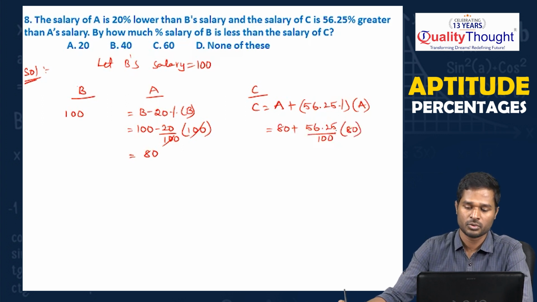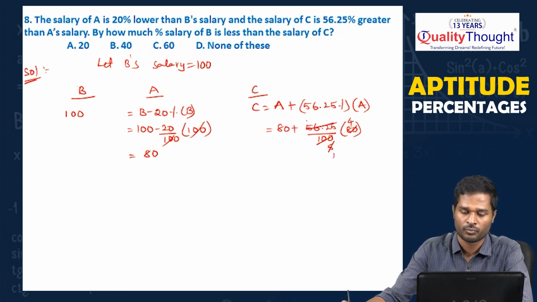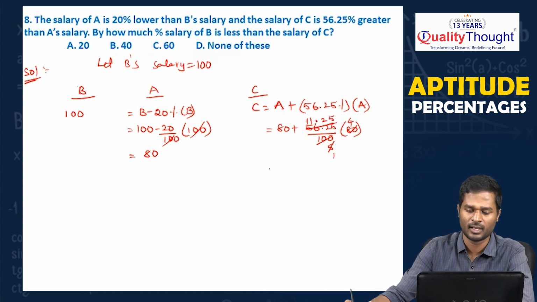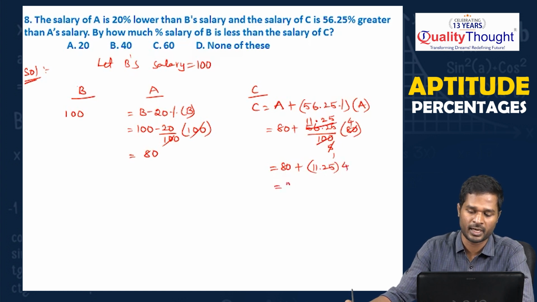Try to cancel the things: 25s are 100, 4s are 80... I will write in one more step, 80 plus 11.25 into 4. So 11 fours are 44, 25 fours are 100. So 44 plus 1, 45. This will be equals to 125.